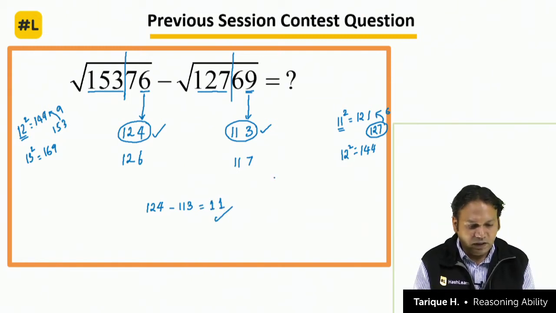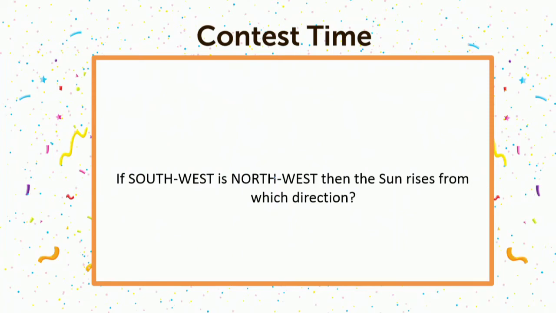Now we will take the contest question for this session. This is a very nice simple one-line question. If southwest is northwest, what is southwest called? Please understand, the southwest direction is not changing, but we are changing the name. If southwest is called northwest, then the sun will rise from which direction?